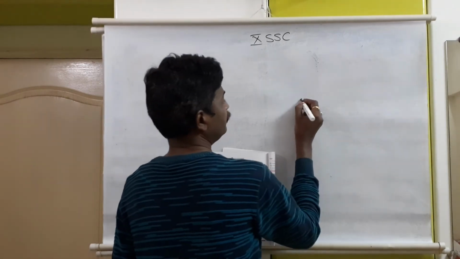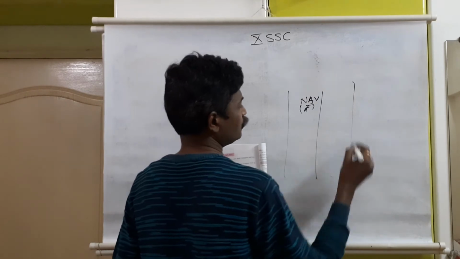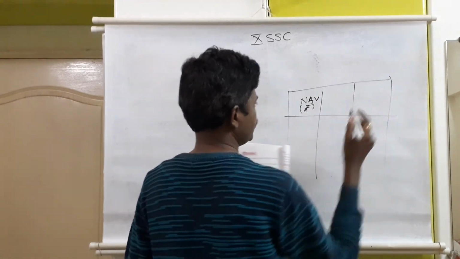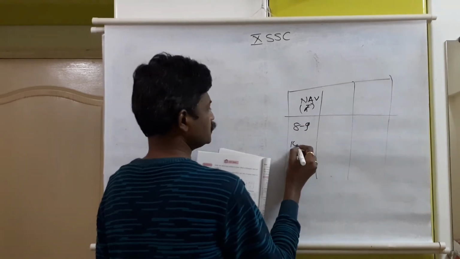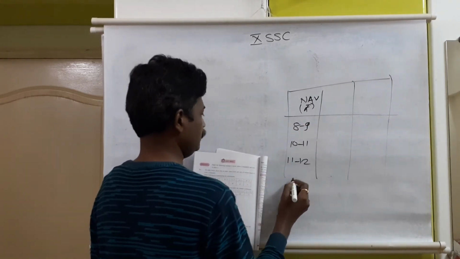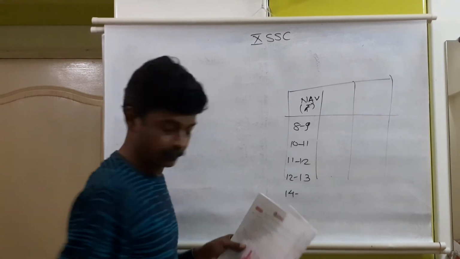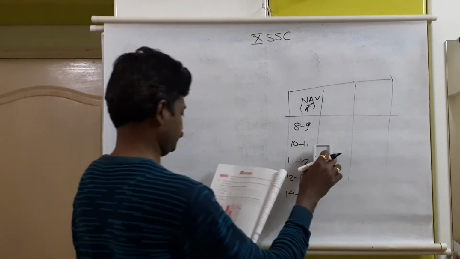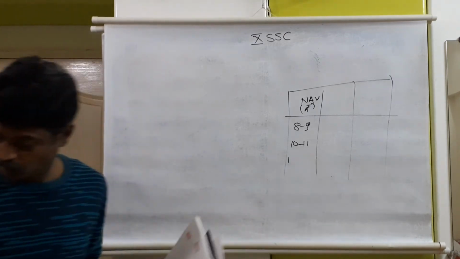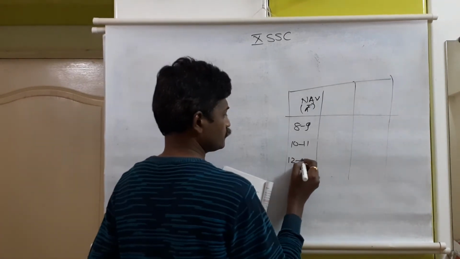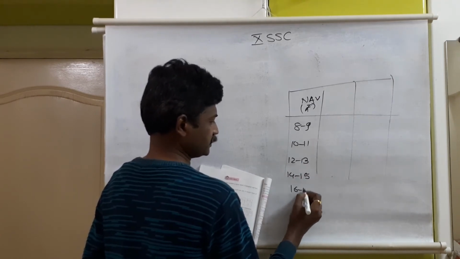Here given is 8 to 9, then 10 to 11, and there is a gap, so after 10 to 11 there is 12 to 13, then 14 to 15, and the last is 16 to 17.